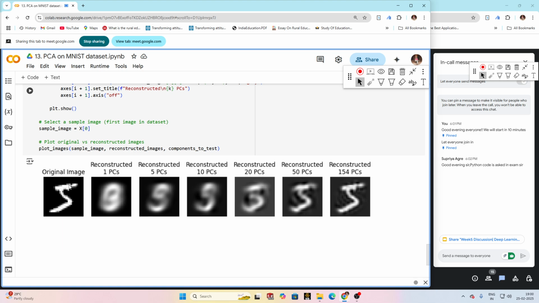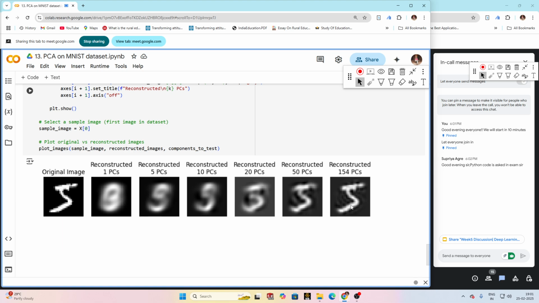Then I have compared the original image with different numbers of principal components. This is the original image, that is handwritten. This MNIST dataset consists of handwritten digits. So this is the original image, a written 5. But on the first principal component we get so much reconstruction error that it is not clear. With 5 principal components, the reconstruction error is less than with one principal component. 10 principal components less than 5, then 20 less than 10, then at 50 our 5 is somewhat appearing, and at 154 the 5 is appearing very well.